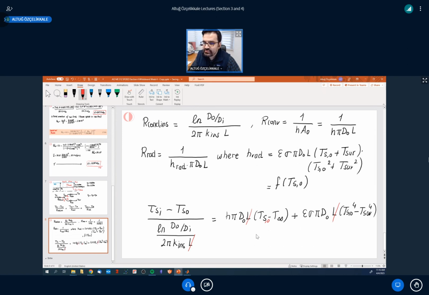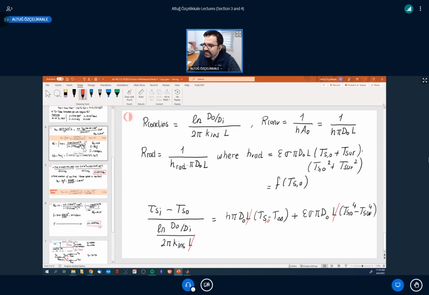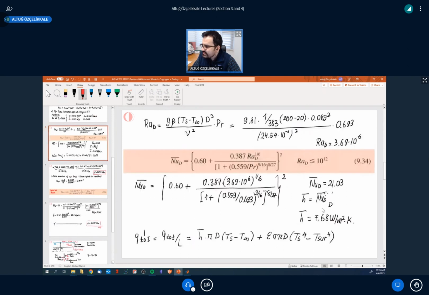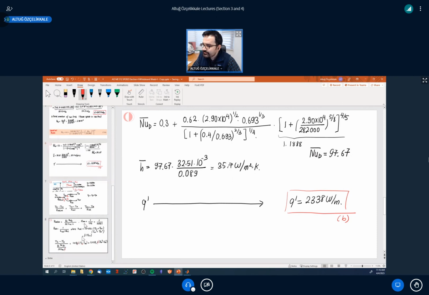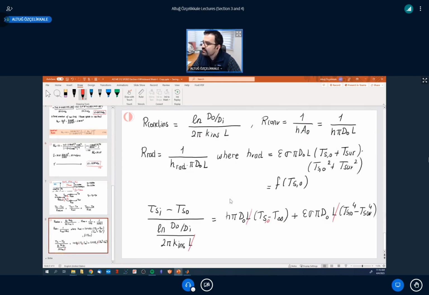You could iterate over that, but we have multiple h values that we would like to do this for. Remember, in part A, we found h as something like 7.68 watt per meter Kelvin. In part B, we found h as 35.7 watt per meter Kelvin. So at the end, we are going to calculate TSO for that.